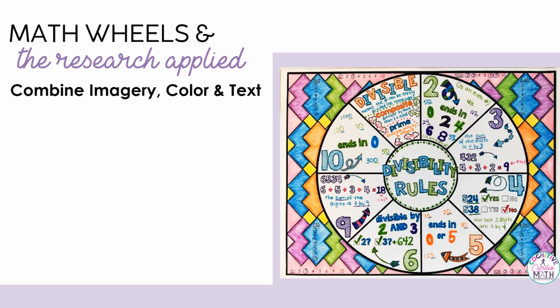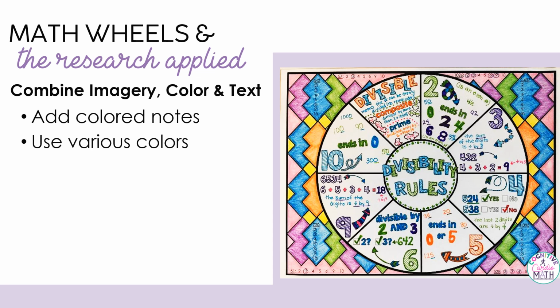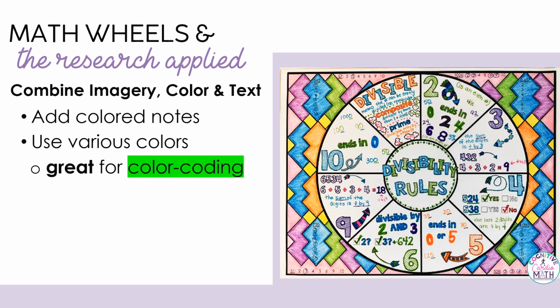So color is a big part of this, and students can add color to their notes in different ways, and it will likely be different on different wheels. In some cases, they might use color to highlight certain notes. In other cases, they might use color coding. For example, in this divisibility rules wheel, the key parts of a rule, the statement about the rule, are the same color as the number.